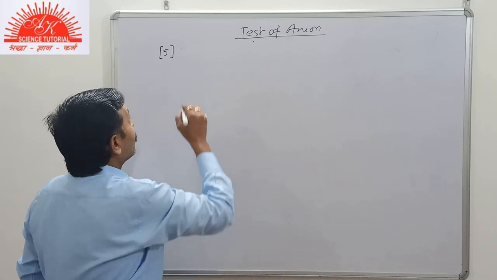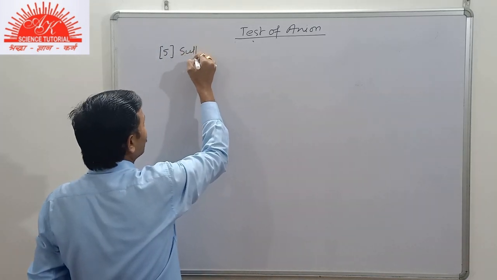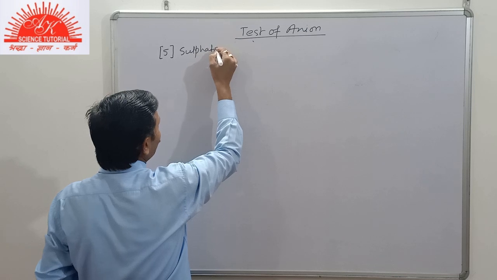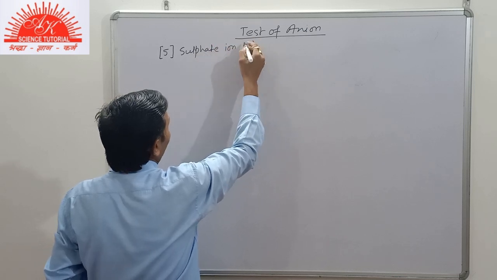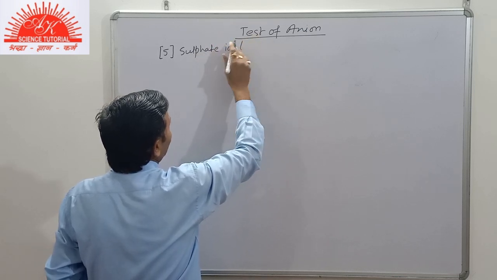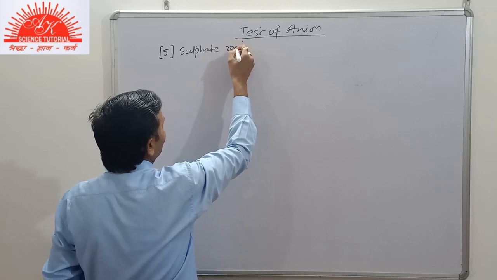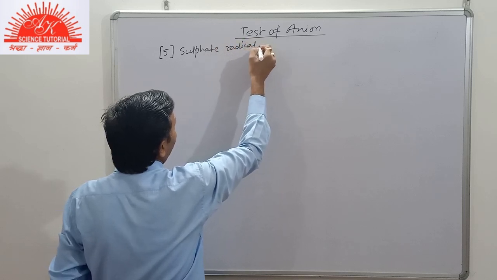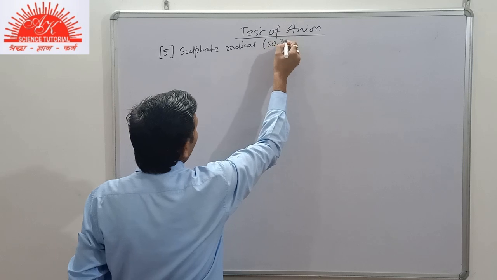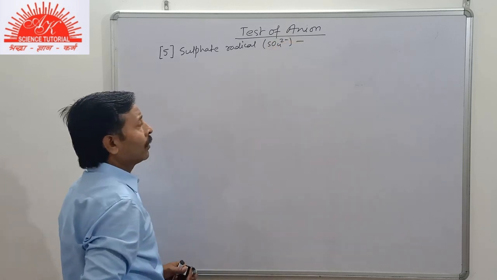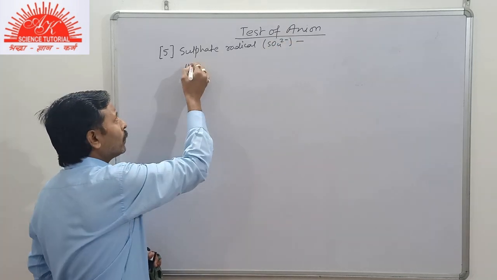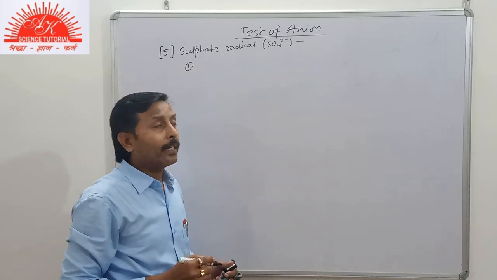Now the next one is sulfate ion, or sulfate radical. Sulfate radical SO4 2 minus. Now there are two tests for it. One uses barium chloride.